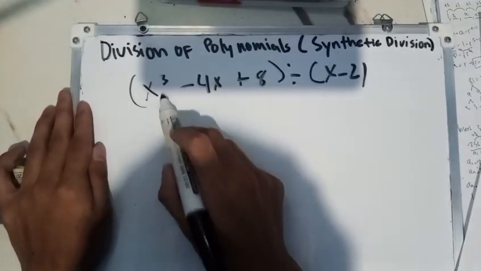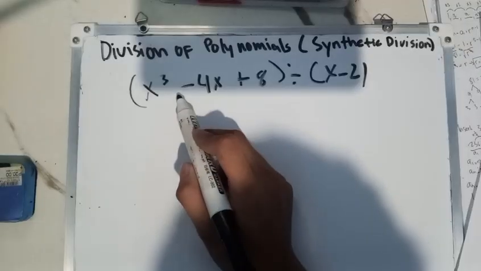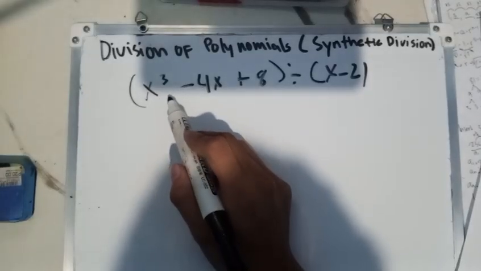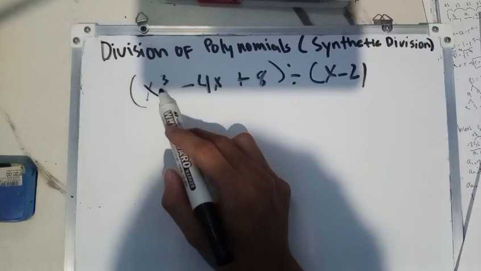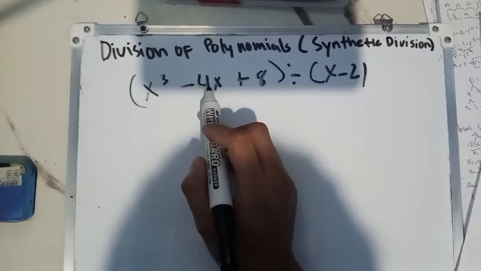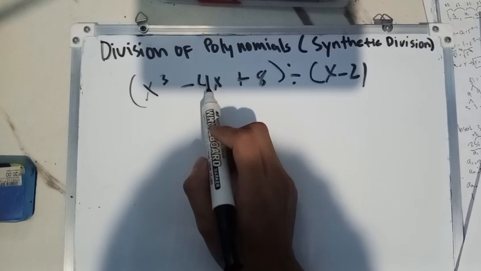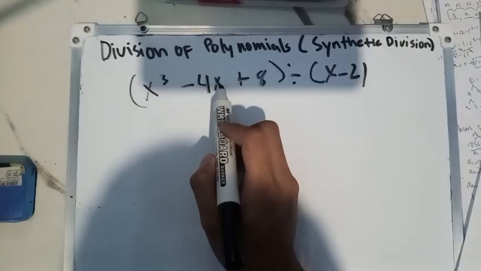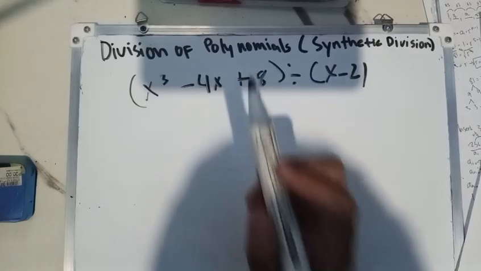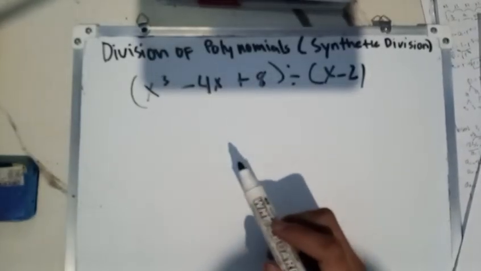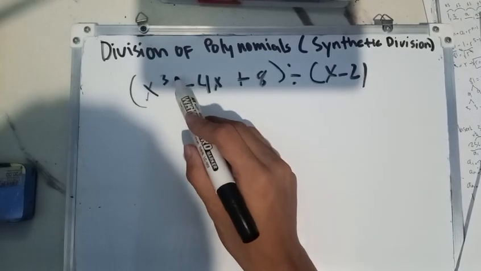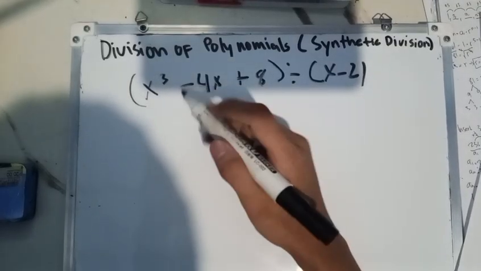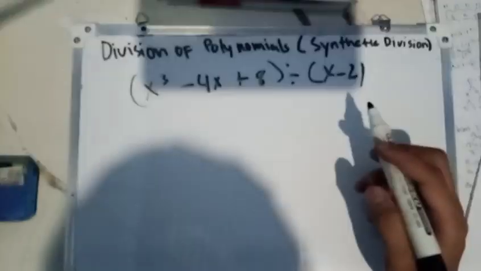Now we notice that there is a missing term in the dividend. Because x cubed is followed by 4x, which is not a typical term after x cubed. So it is missing a term with x squared.